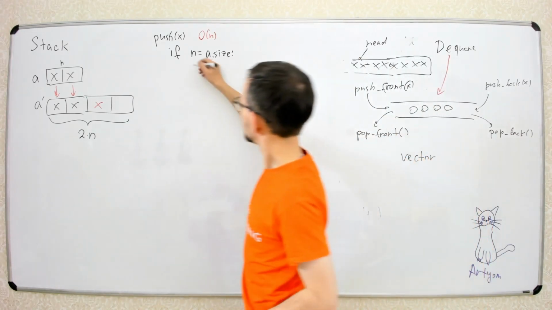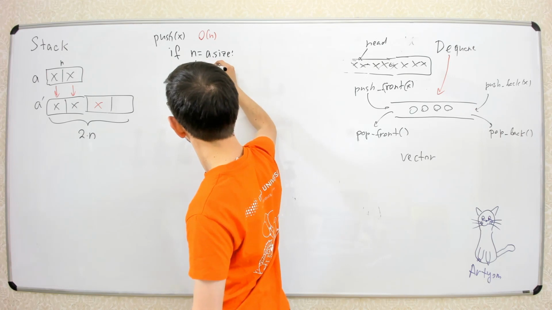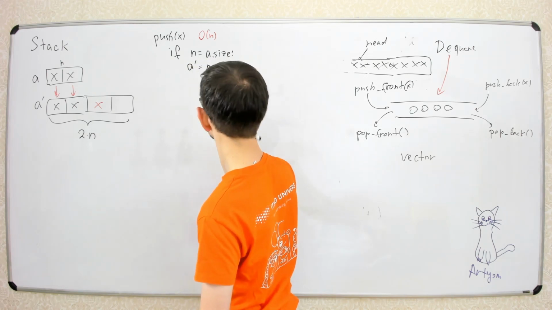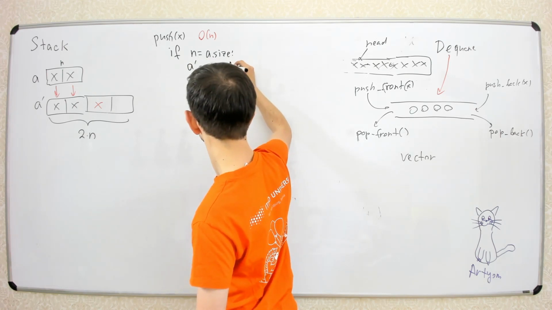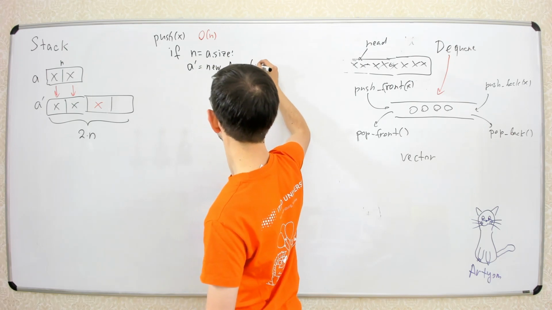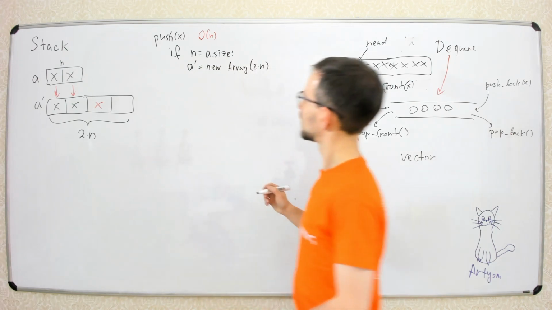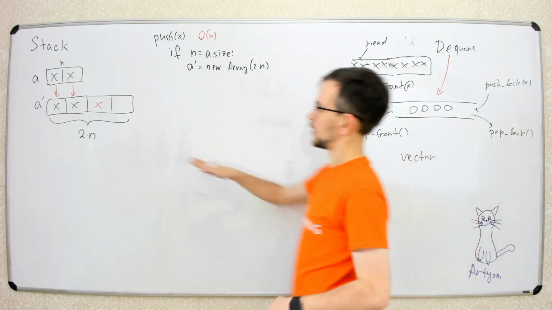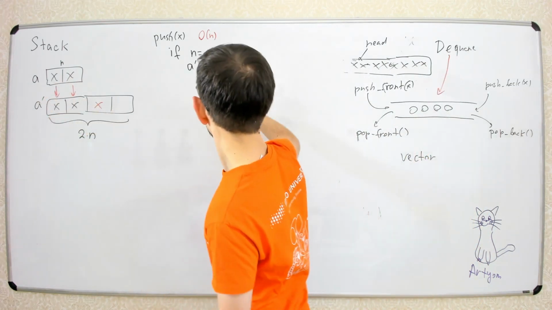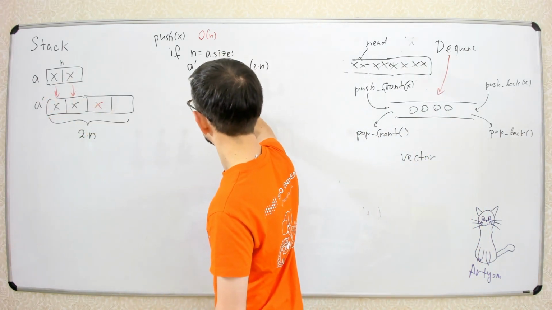Let's create a new array, an array of size 2n. Then copy all elements from A to A prime.